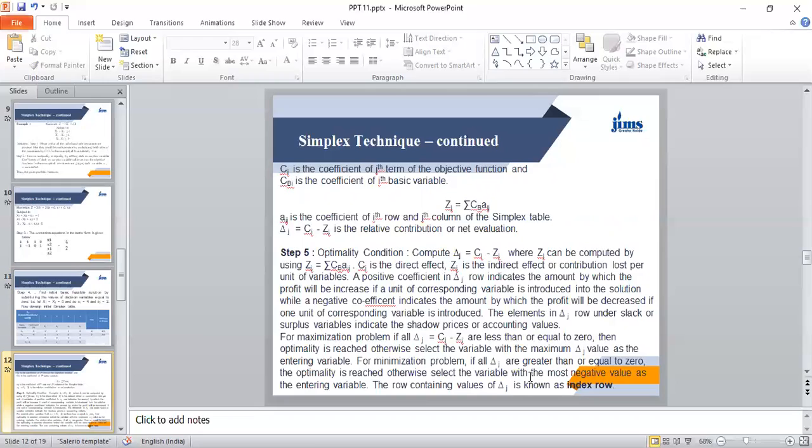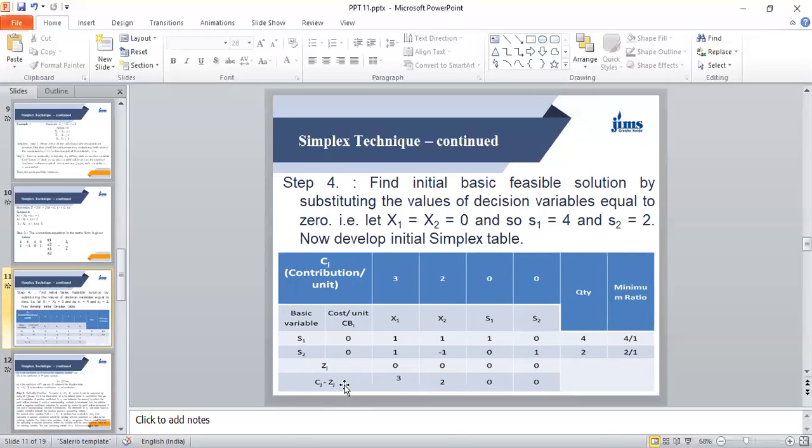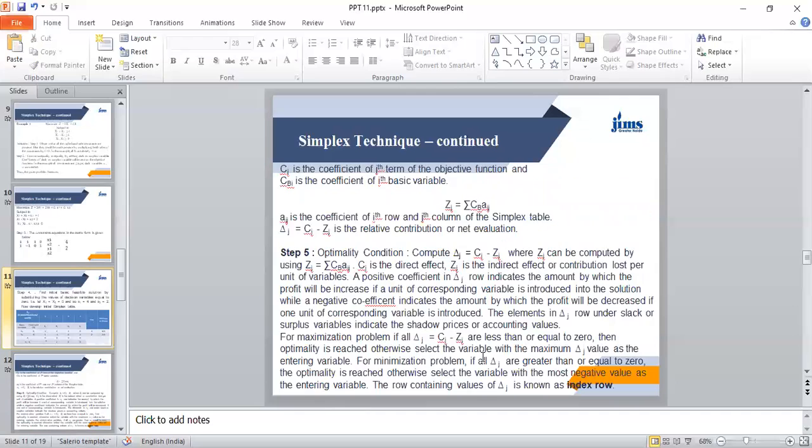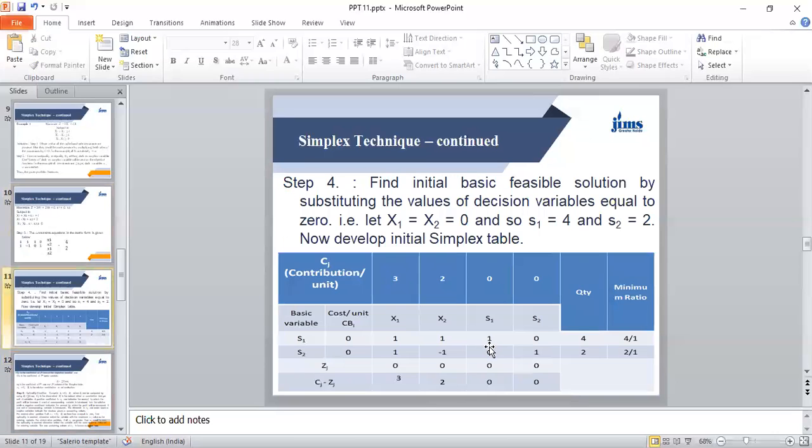Now, if it is a problem of maximization, then Cj minus Zj, which is also written as delta J, should be all negative or equal to 0. This Cj minus Zj row is also known as the net evaluation row.